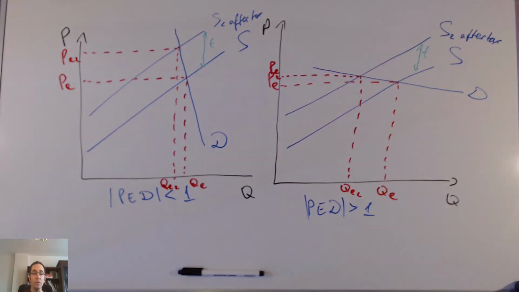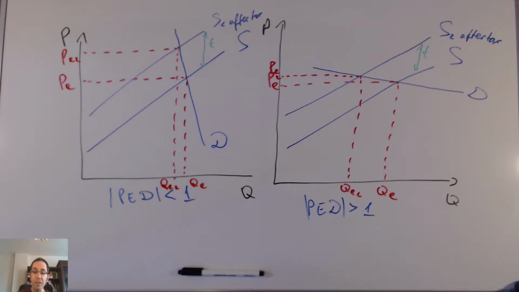So the first obvious difference that we should notice is that in the case of elastic price elasticity of demand, the price increased very little, while in the case of inelastic price elasticity of demand, the increase in the price was quite substantial, almost equal to the tax itself.